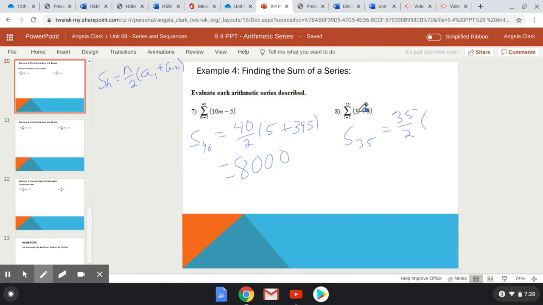So we plug in 1 for I. That's just 3 plus 3, which is 6. And then the last term, we plug in 35. So we get 3 times 35 plus 3 is 108. So our final term is going to be 108.